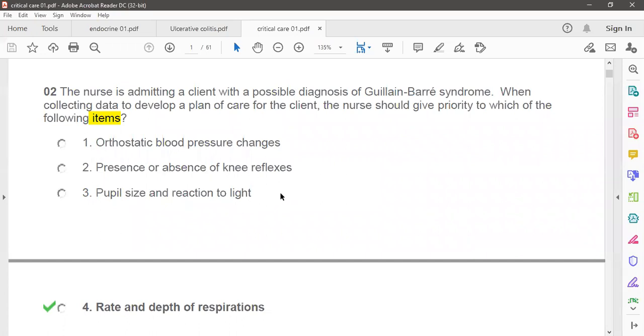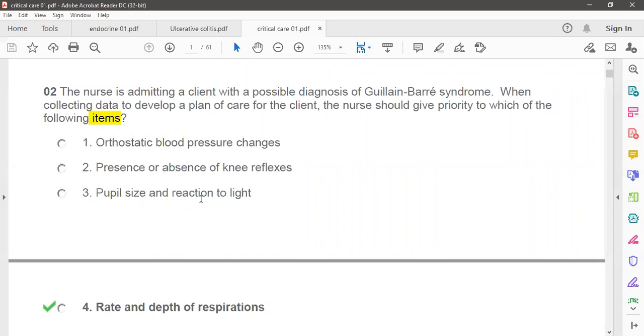But in this question, we will check, but it is not the priority. In Guillain-Barre, there are other signs and symptoms rather than the reflexes. And pupil size and reaction to light is also not mandatory for Guillain-Barre.